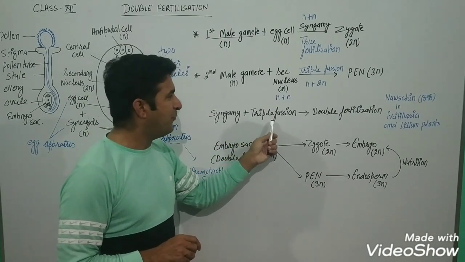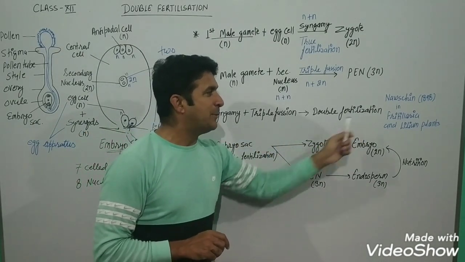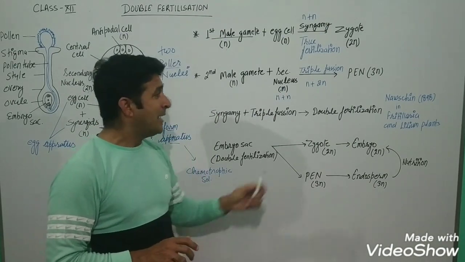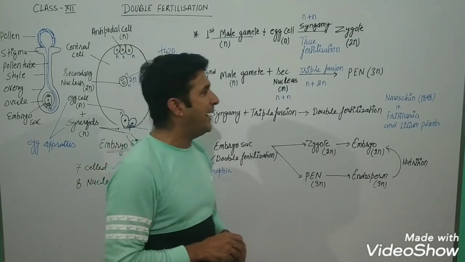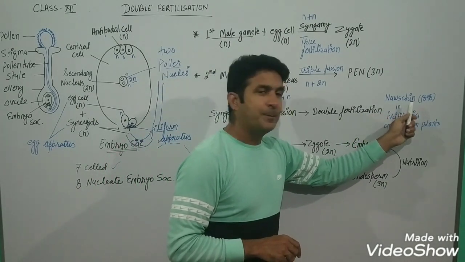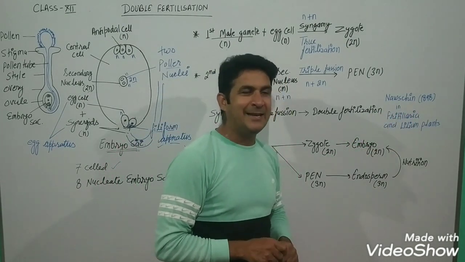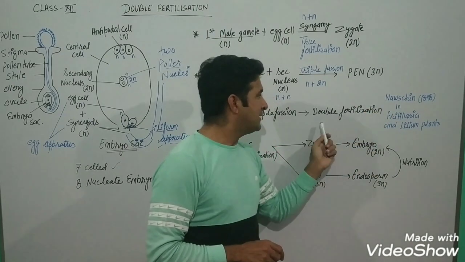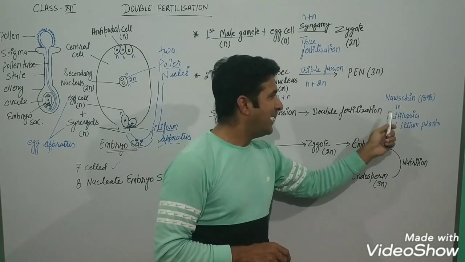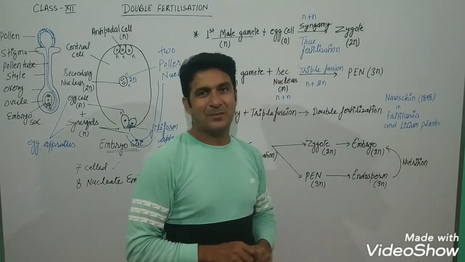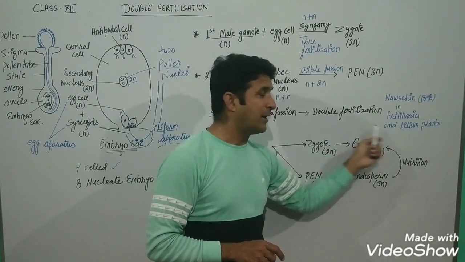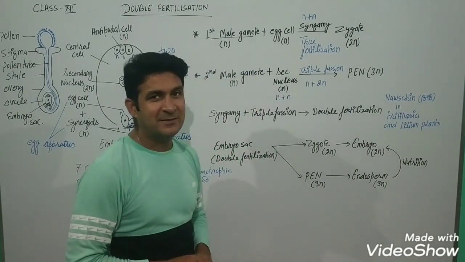Syngamy plus triple fusion is double fertilization. Double fertilization was first observed by Nawaschin in 1898. He saw the double fertilization process in Fritillaria and Lilium plants. Very important, please note down the names of these plants.